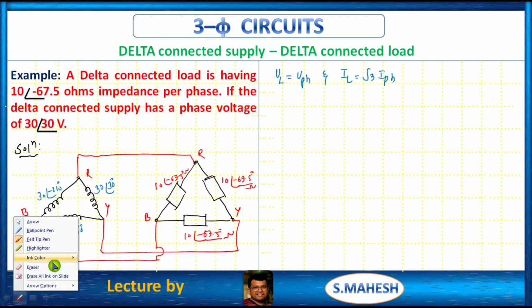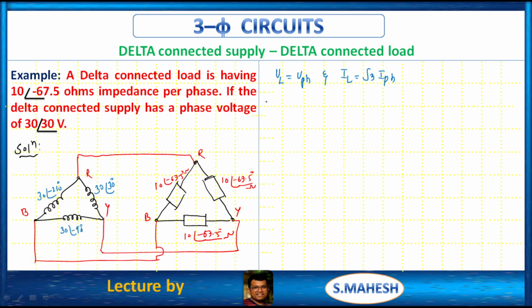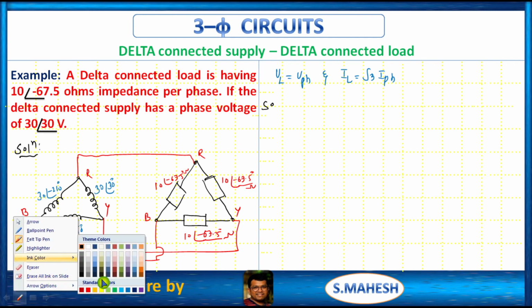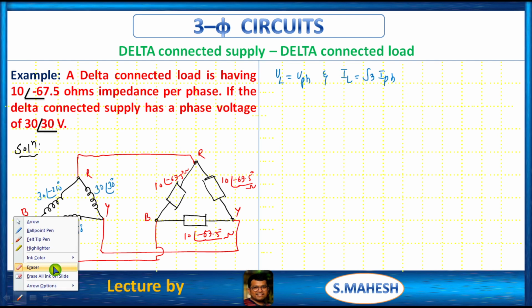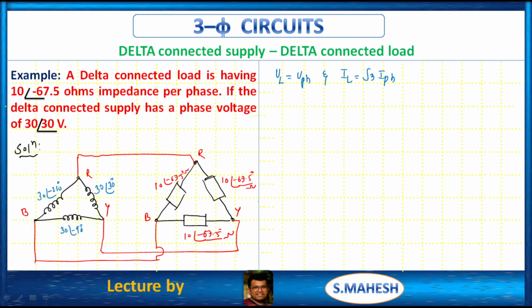The analysis of delta is easy compared to star delta star, right? Next we have to write the phase voltages, which are the line voltages because both are the same, right?